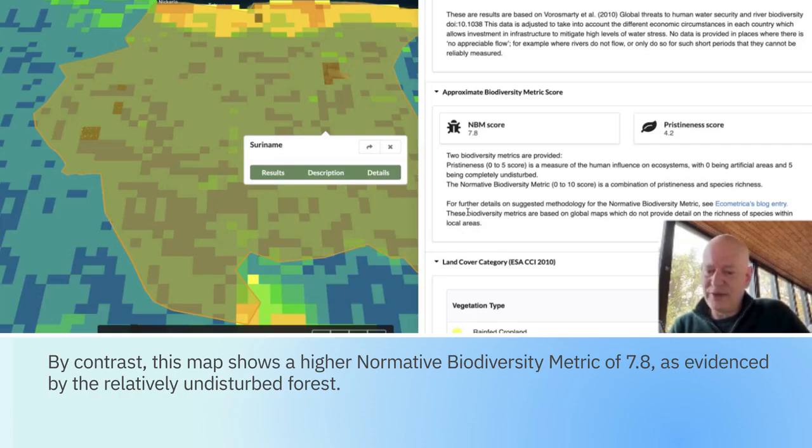Now, the important thing from the normative biodiversity metric perspective is whatever categories of land you have, you could take different actions on them. So if you have very high biodiversity areas, the main priority is to protect that, to conserve it, and maybe to restore any areas that have become degraded.